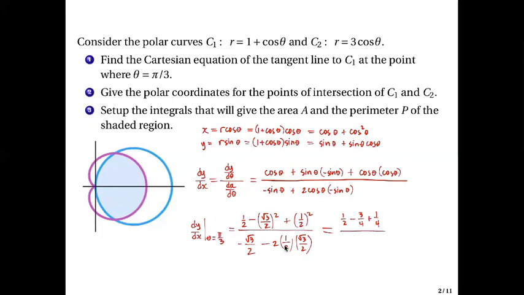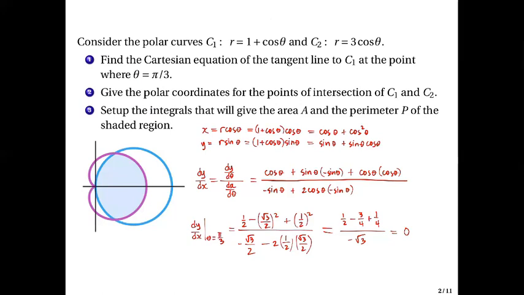For the denominator, 2 times 1/2 is just 1, so we have negative square root of 3 over 2 minus square root of 3 over 2, that's just negative square root of 3. So the denominator is not 0, but the numerator, 1/2 minus 3/4 plus 1/4, is equal to 0.